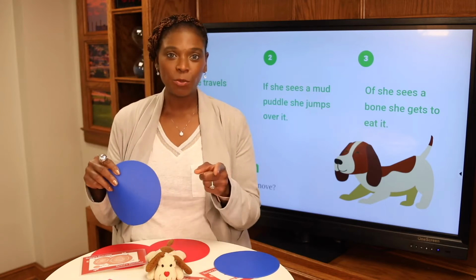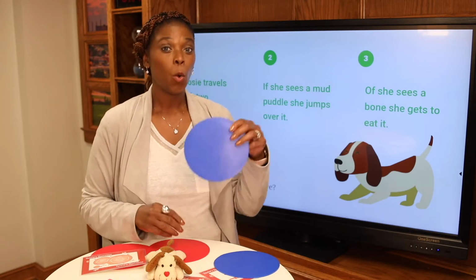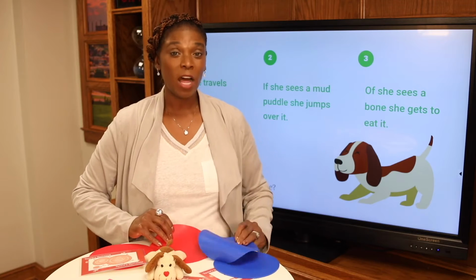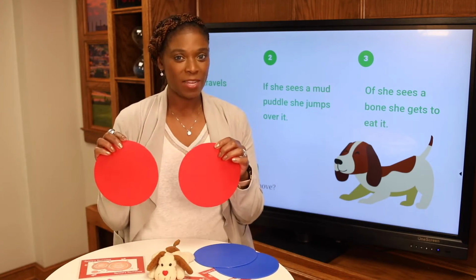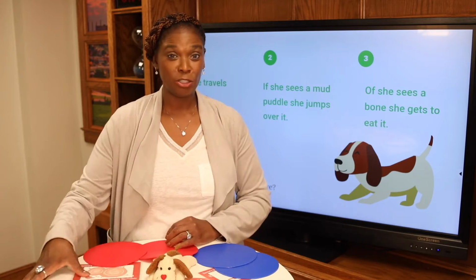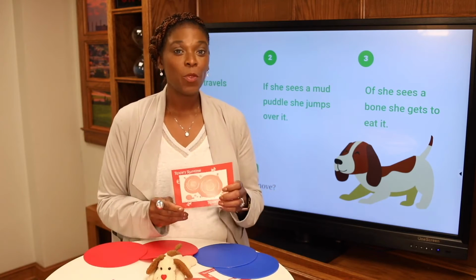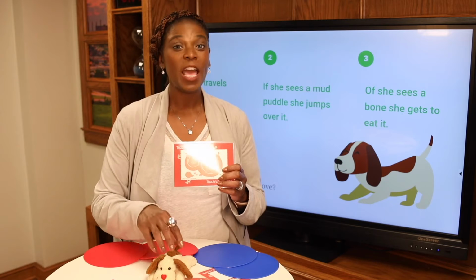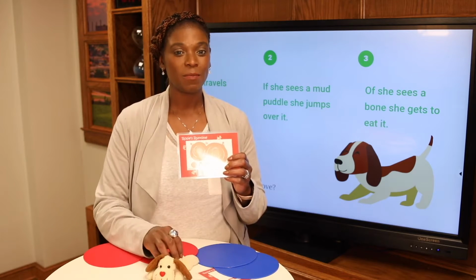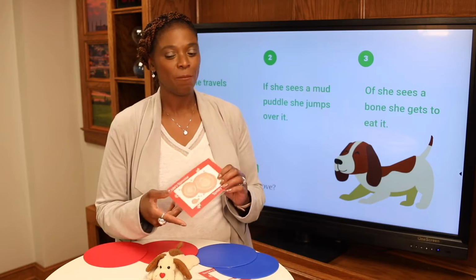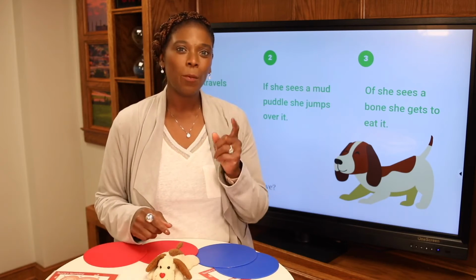So, let's review. First, she went 1 blue space, followed by 1 red space, and a second red space. And that led her to the mud puddle. When she sees the mud puddle, she's going to hop 1 time, 2 times, and then she's ready to move on. So let's think, what was next?